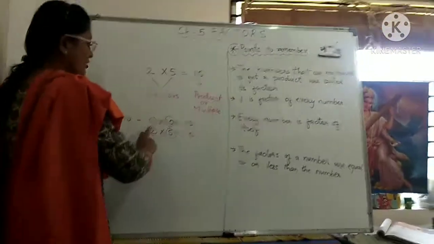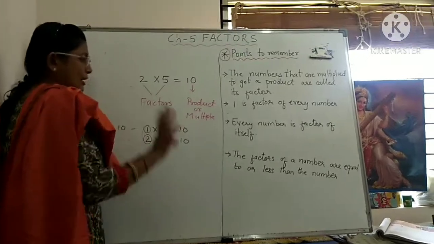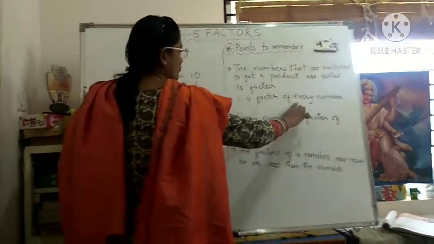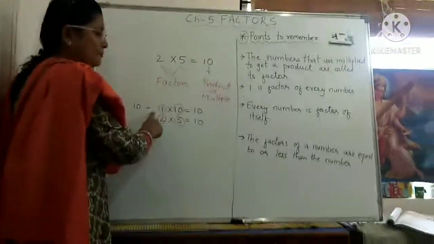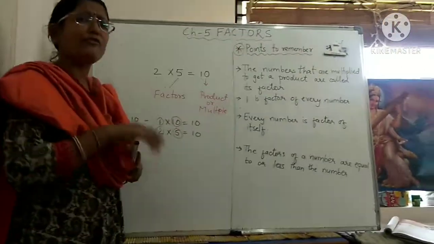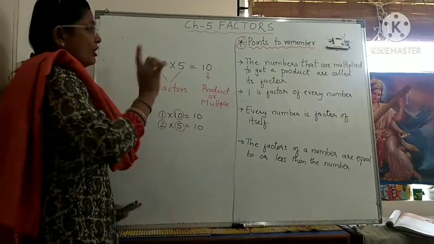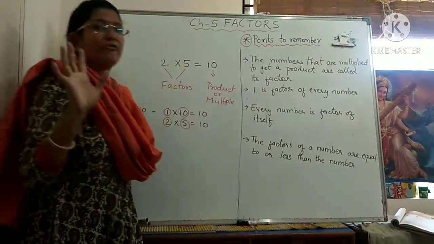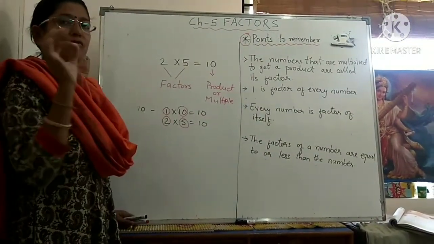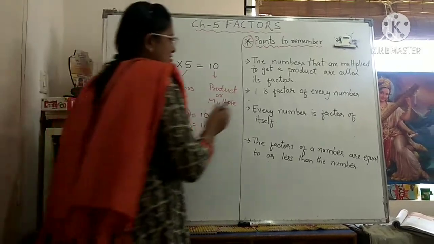Right? So from these 4 factors, 1 is also a factor. Now when you find the factors of any number, 1 will always be a factor of every number. Okay? And it will be the smallest factor. That is another thing.